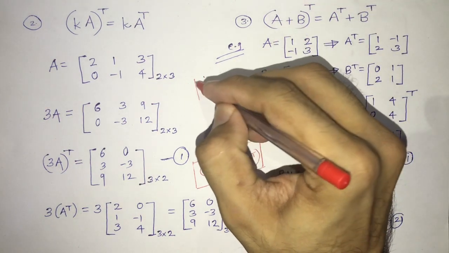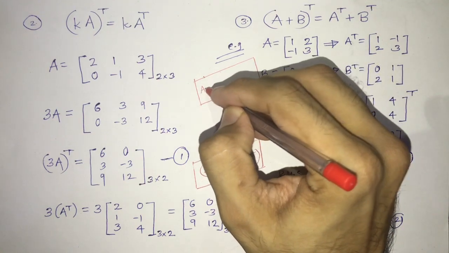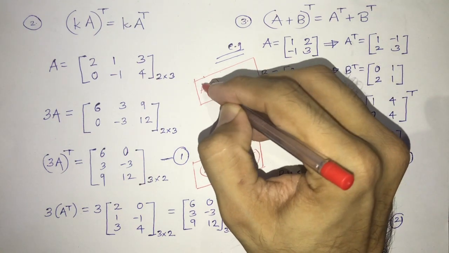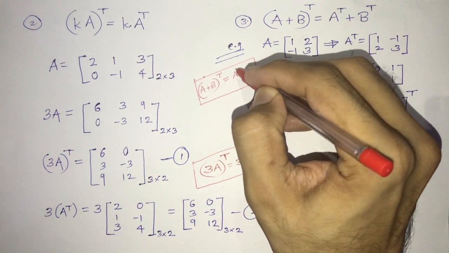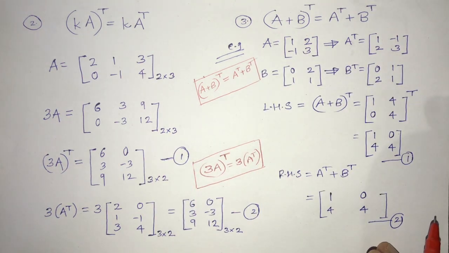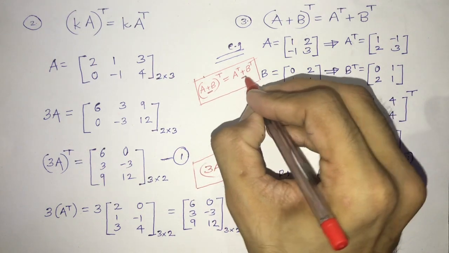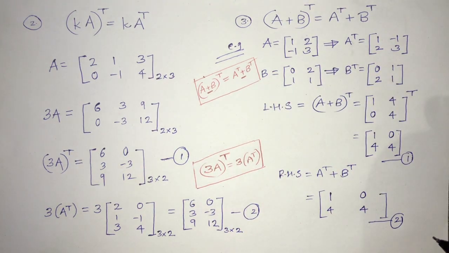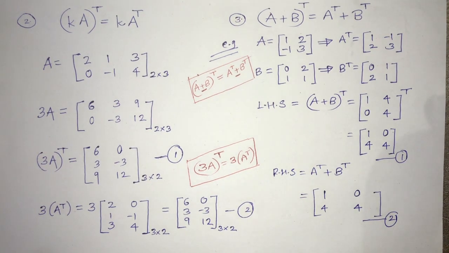Here the property says if you add the matrices and then take the transpose, or take the transpose and then add the matrices, it is one and the same. This property is valid also for subtraction of matrices. We have verified the transpose properties by taking examples.